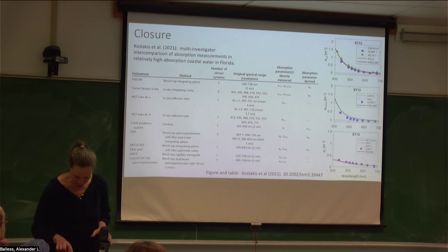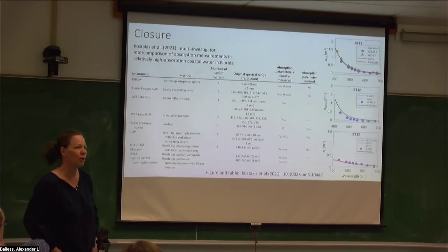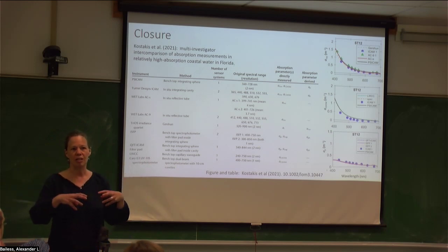So I might leave you with a slide, or we can think about it later, but this is a table and some figures from a really interesting experiment that was done before 2021, a multi-investigator method closure. It was not an experiment, really.